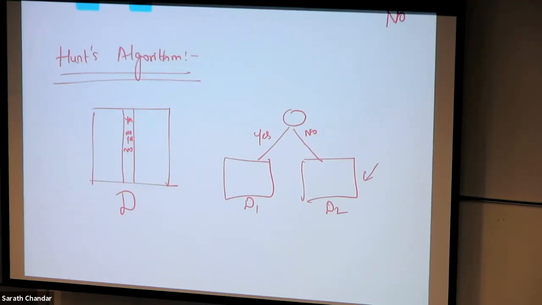If it contains all the examples from just one class, then we are done. Let's say it's a binary classification problem, 0 or 1. Now this data set has all 1s. Then we can stop the recursion here and just say the class value is equal to 1.